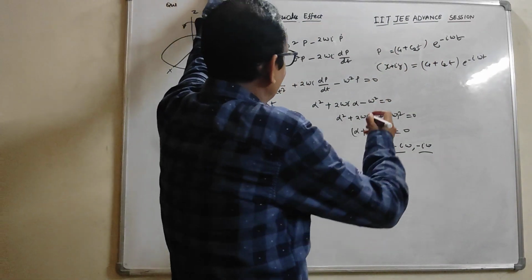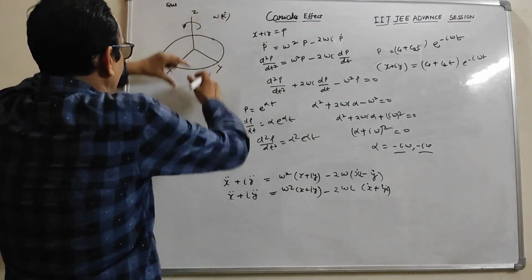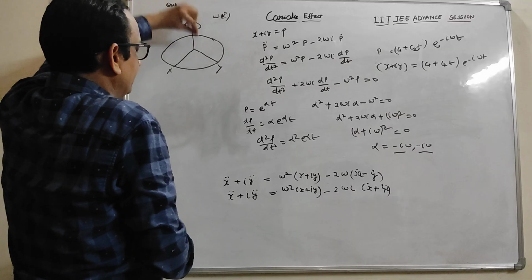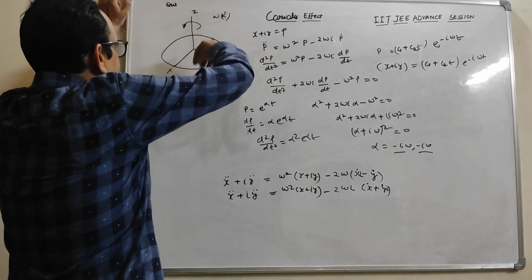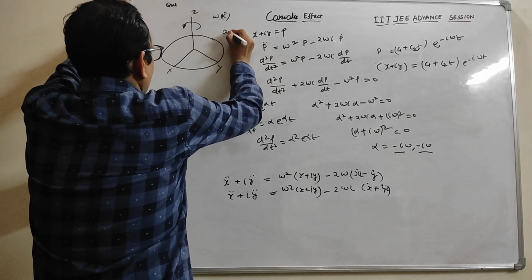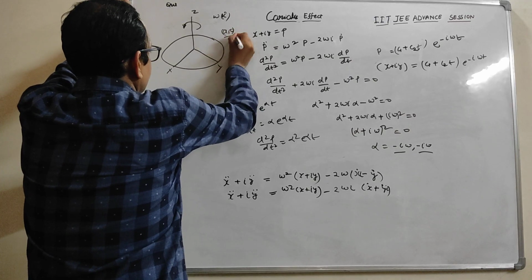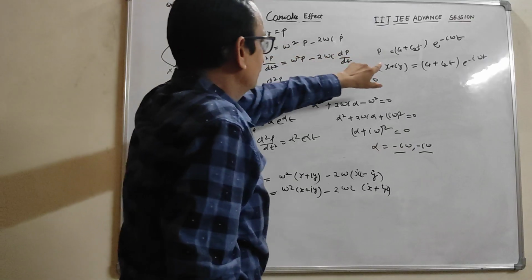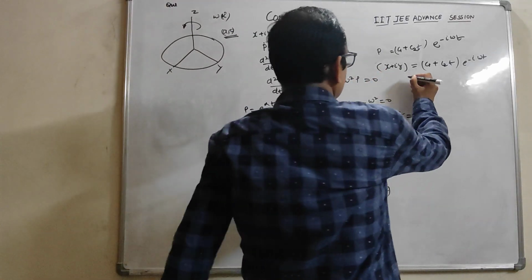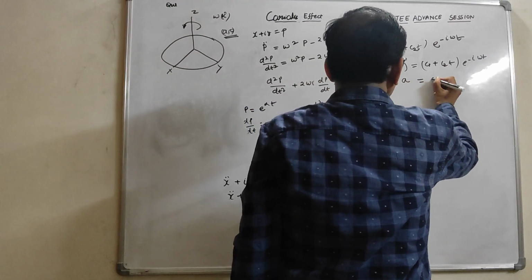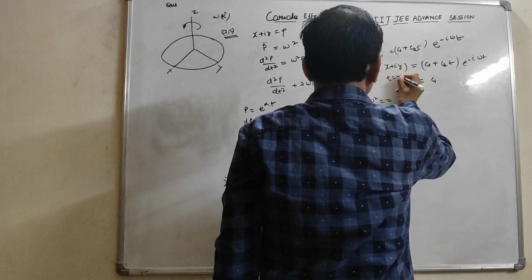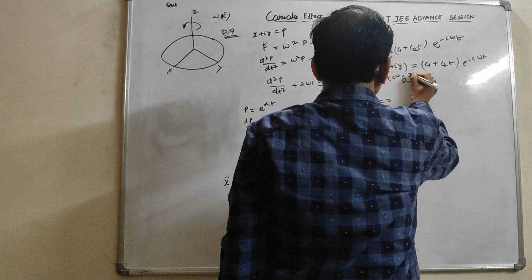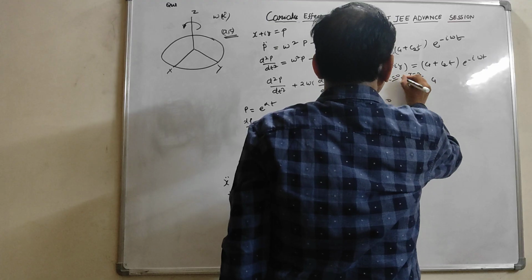When the coin is dropped on this disc, the coordinate was a comma 0. So x is equal to a and y is equal to 0. At time t is equal to 0, x is equal to a. This is given in the question.